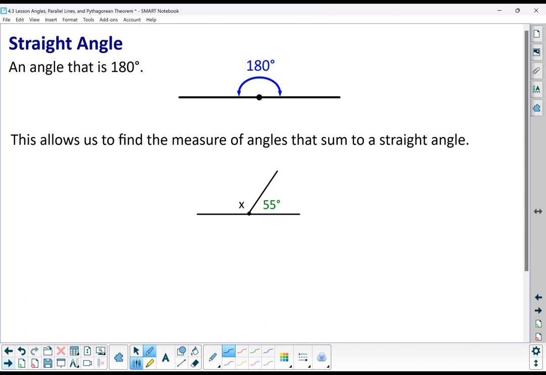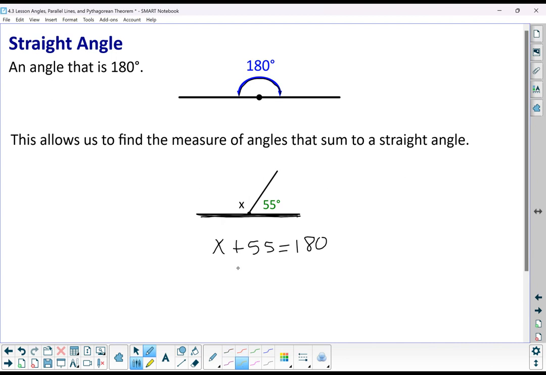If you have a straight line, you can think of it as having 180 degree angles. And we use that most often when that angle is broken up into parts. So for example, if I know that this angle x is right next to this angle that is 55 degrees, and if this side forms a straight line, I know that those two angles have to add up to 180 degrees.